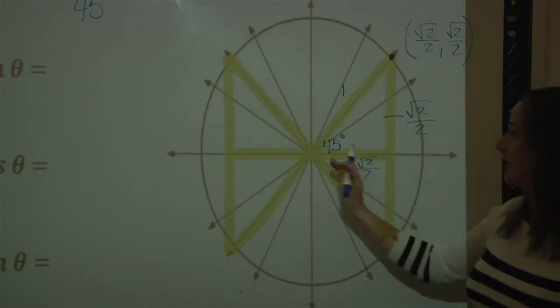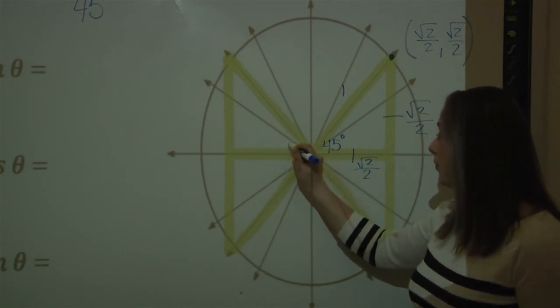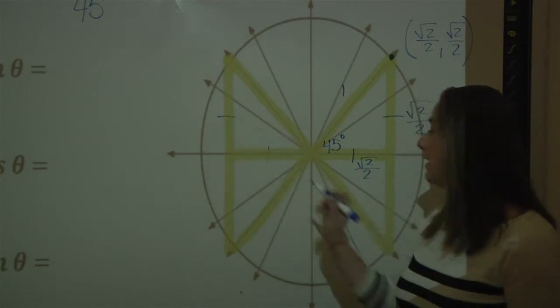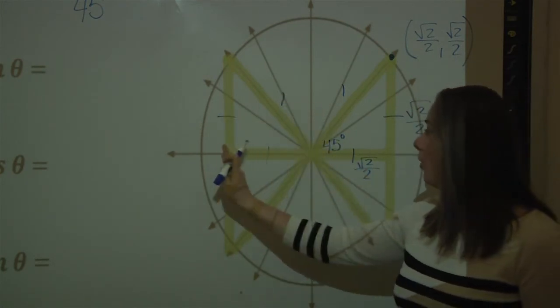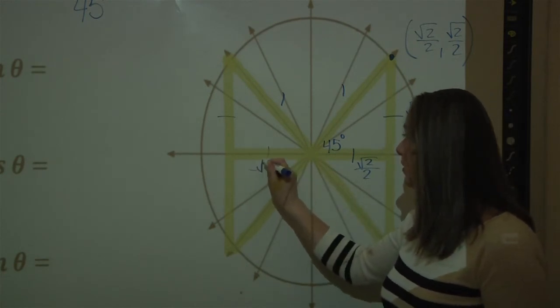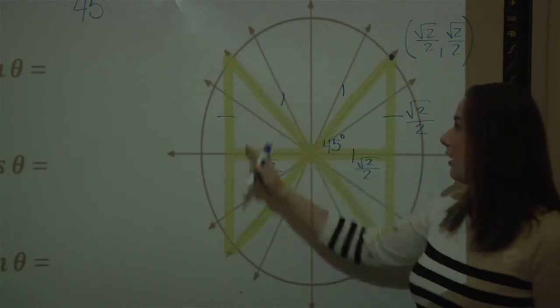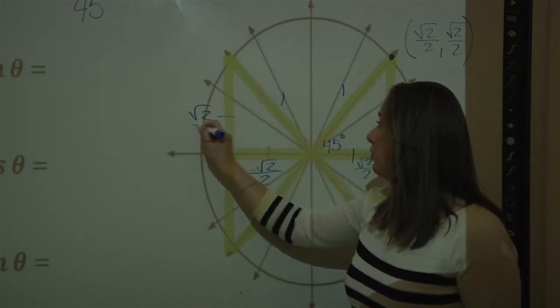So if we think about this same idea, if we think about this as also 45 degrees and kind of what's happening, and these two sides being congruent, our radius being 1, we're going over in the negative direction here, so we're going to have negative radical 2 over 2, and our other leg is going to be positive radical 2 over 2.